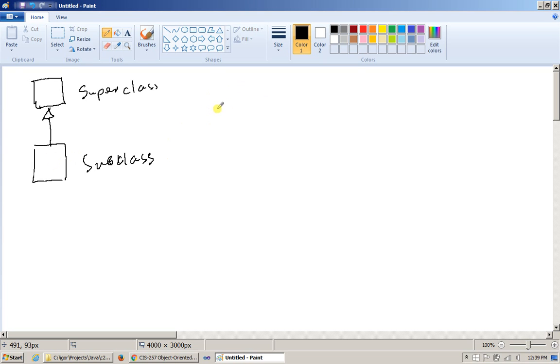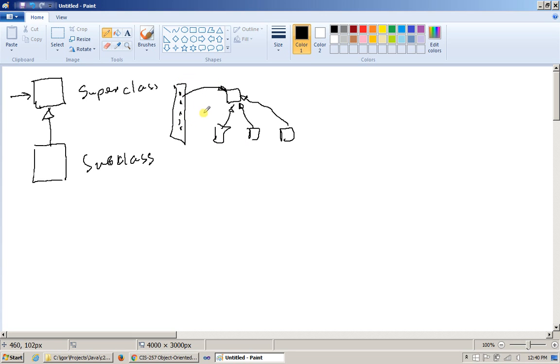We also discussed that references to a superclass can be used with inheritance of objects, so that multiple classes can inherit from the same parent class, and we can create a collection of references and store references to the superclass in this collection.